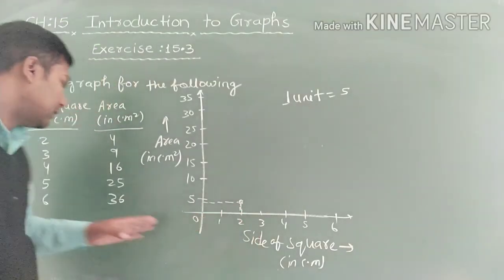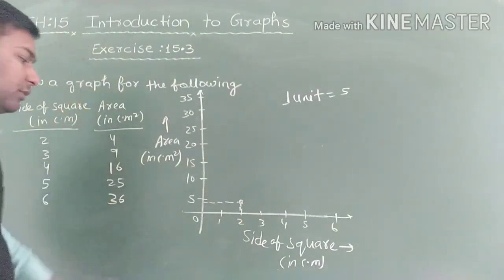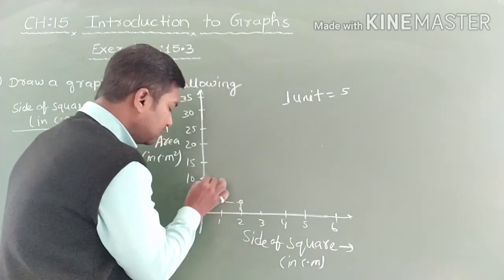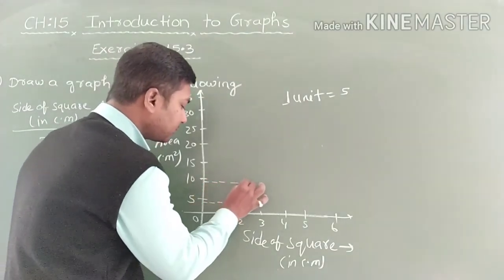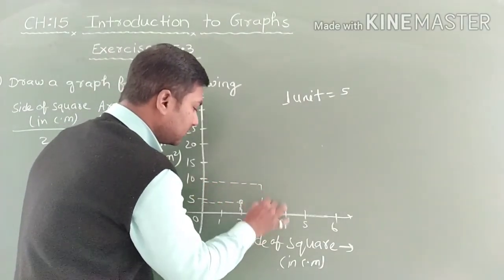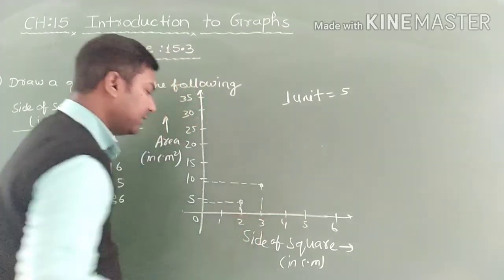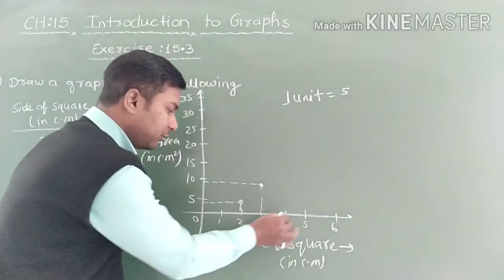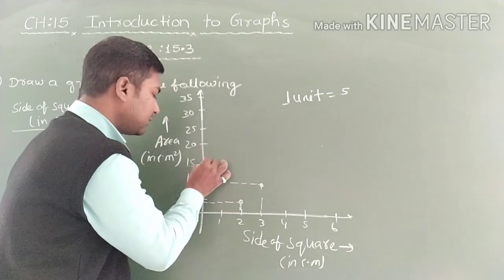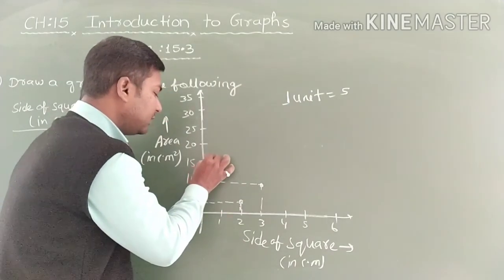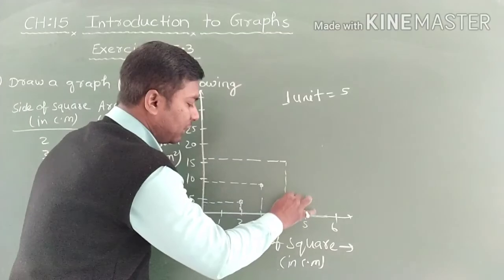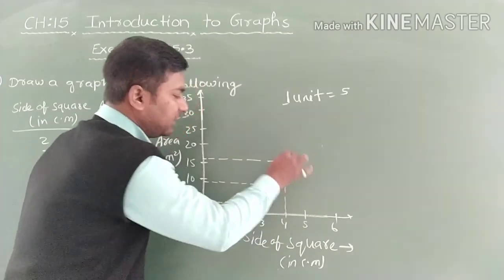Locate. Now next one 3, 9. Okay. So this is 3 and 9 will be at this point just before 10. So at this point 3, 9. Now next one 4, 16. So here 4 and this will be 16, just after the 15, so it will be 16. So this point is 4, 16.